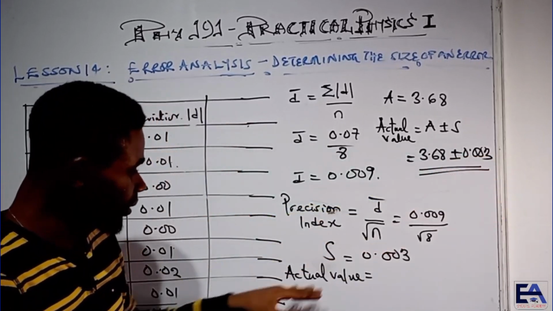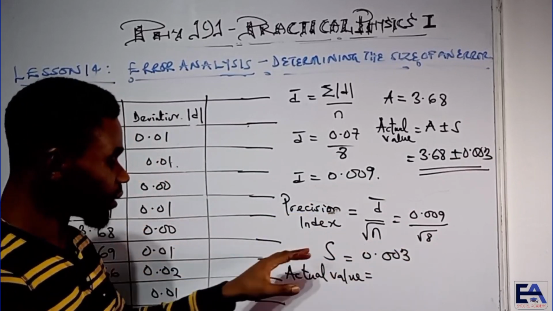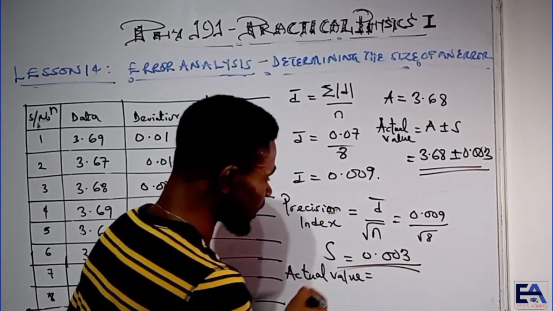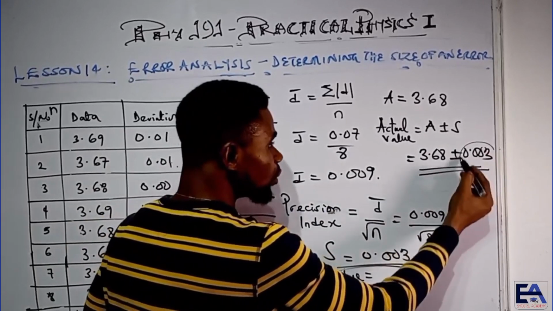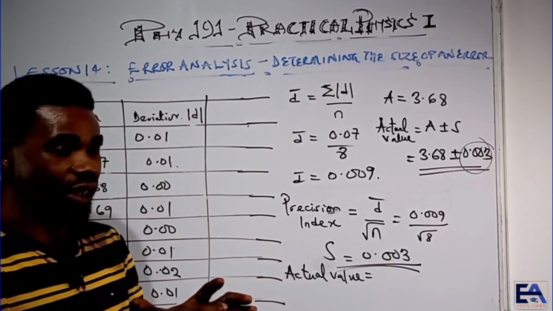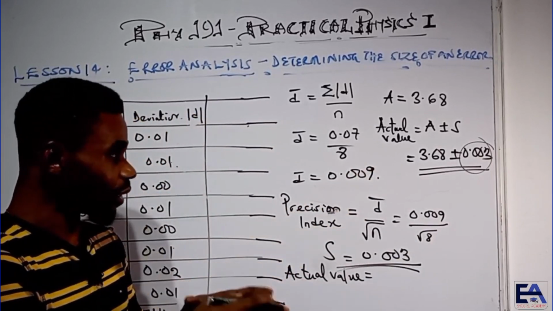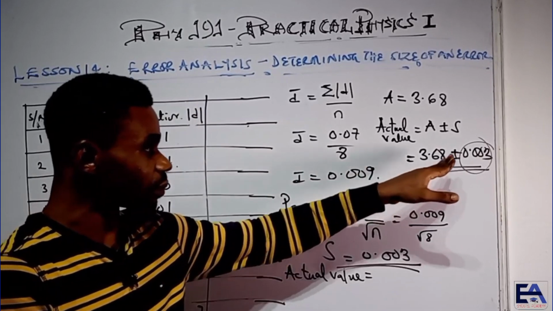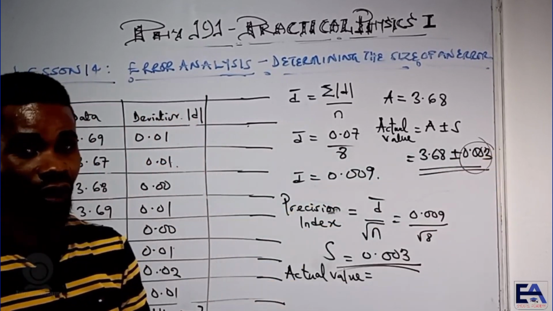That is what this precision index represents. It just tells us the size of the error that we have in taking the actual measurement. So we say the average measurement plus or minus this error value.